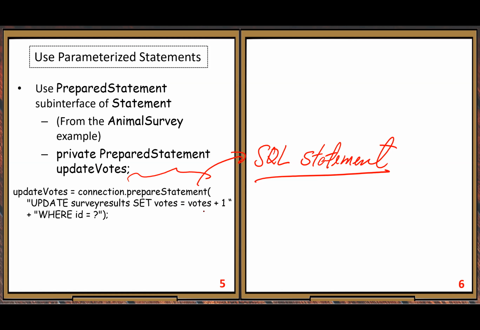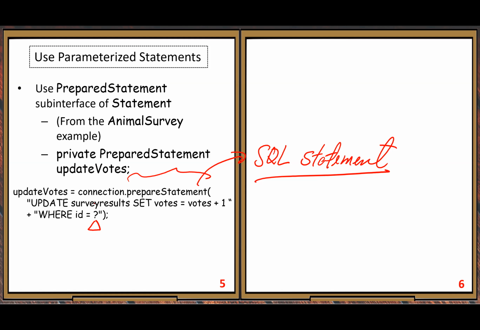You add 1 on top of the current votes number and then replace it. So that's this line. Then WHERE id equals this question mark. WHERE is another keyword. The id field name equals question mark, unknown, to be resolved at runtime.